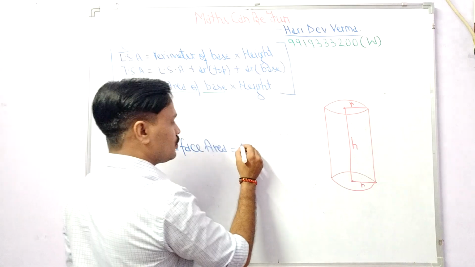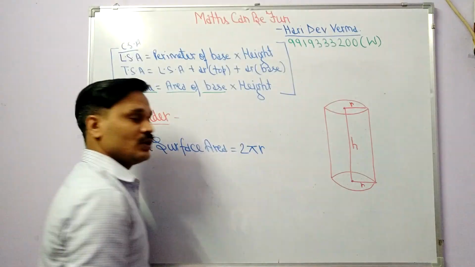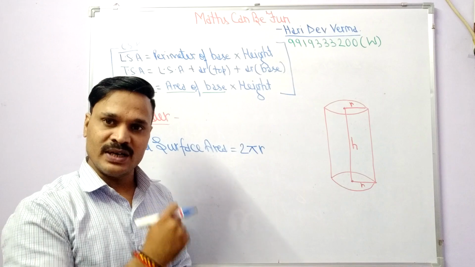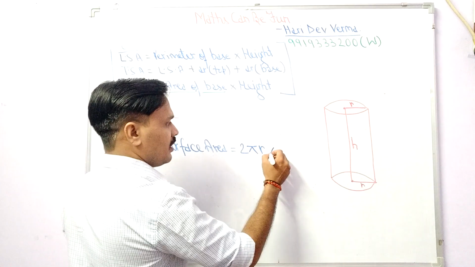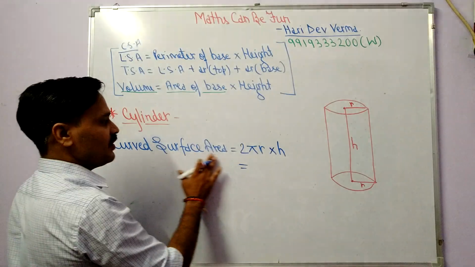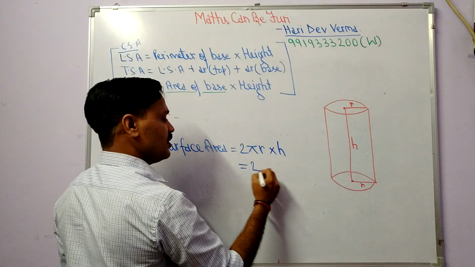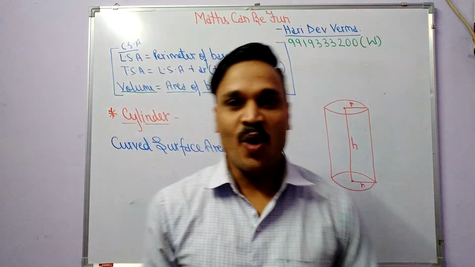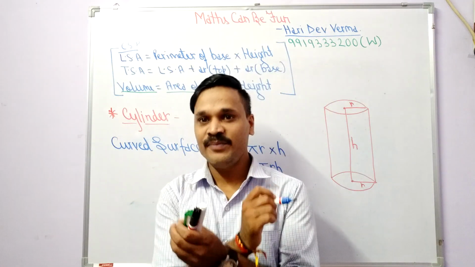Circumference of the circle is 2 pi r, into height h. So curved surface area of cylinder is 2 pi r h. Is it clear? I hope you are all enjoying.